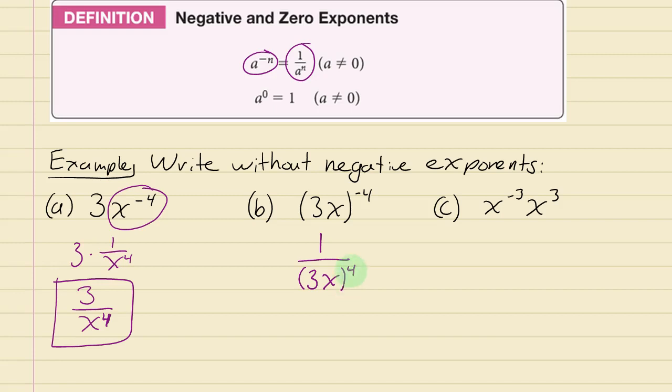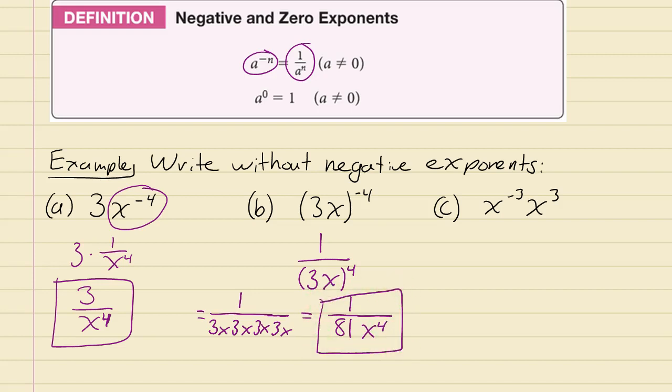If you want, now that there's a positive exponent and you know what positive exponents mean, you could write this as 1 over 3x times 3x times 3x times 3x, and write that as, if you multiply all the 3's together, 3 times 3 times 3 times 3 is 81, and then all the x's multiplied, x times x times x times x, is just x to the 4th. So you could write it like this too. It's kind of a little simpler, I think.